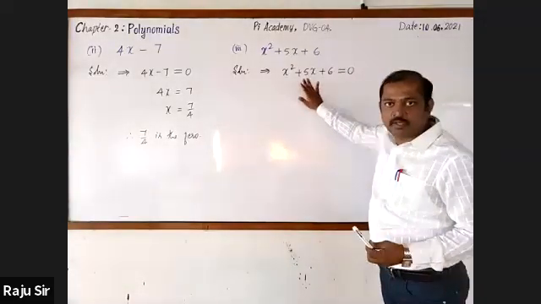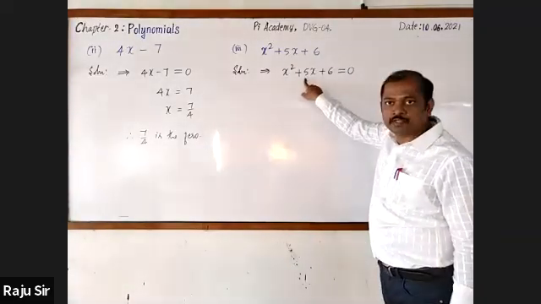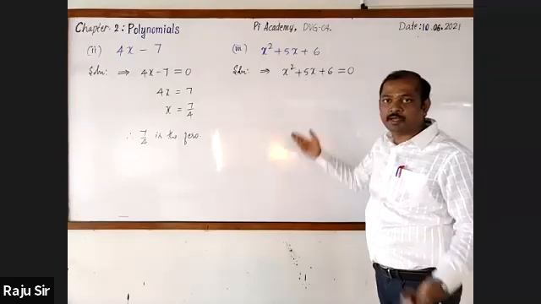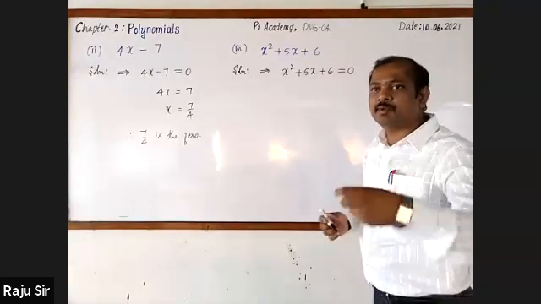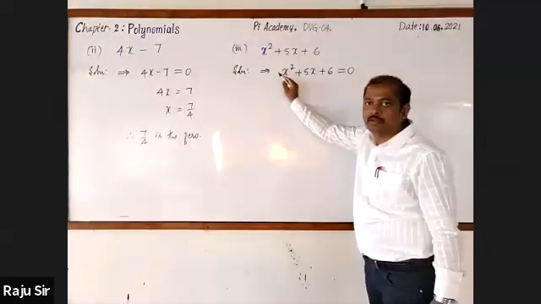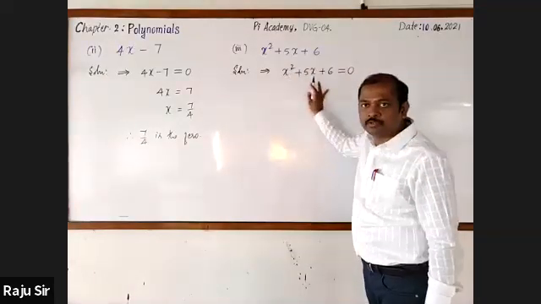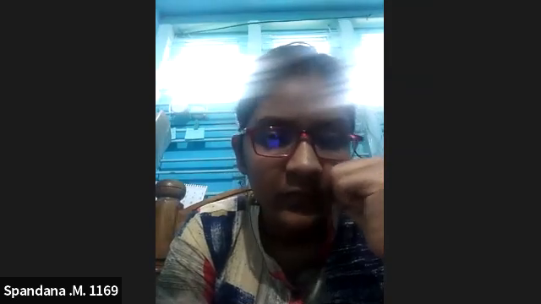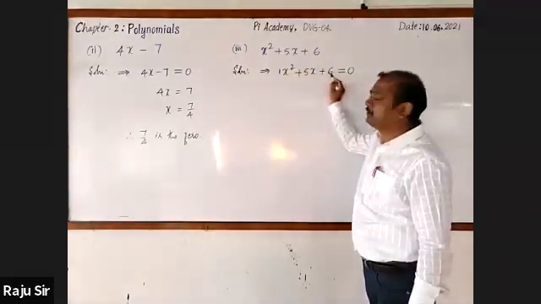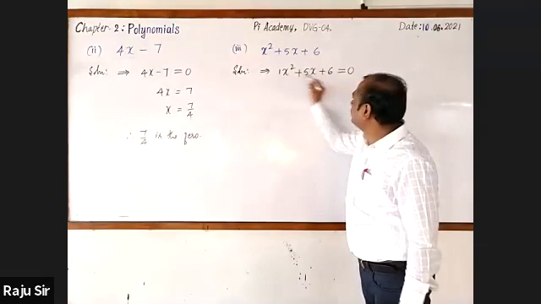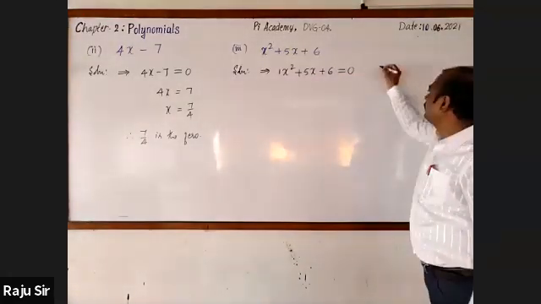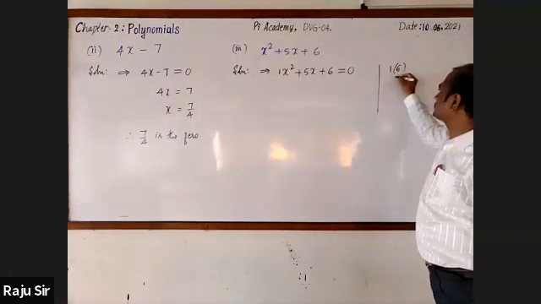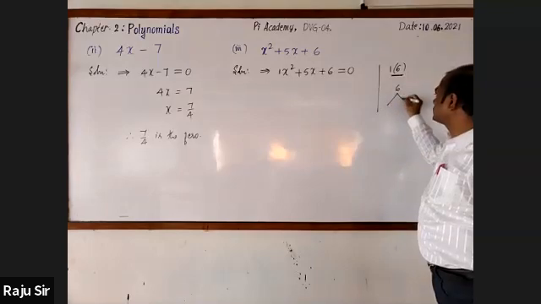To solve for x, you should factorize by splitting the middle term. You already know this, I am just recalling it. To find the factorization of the LHS part, you will take the coefficients of the first term and the last. Here 1 is there, here 6 is there. You will multiply them. 1 into 6 is equal to 6.